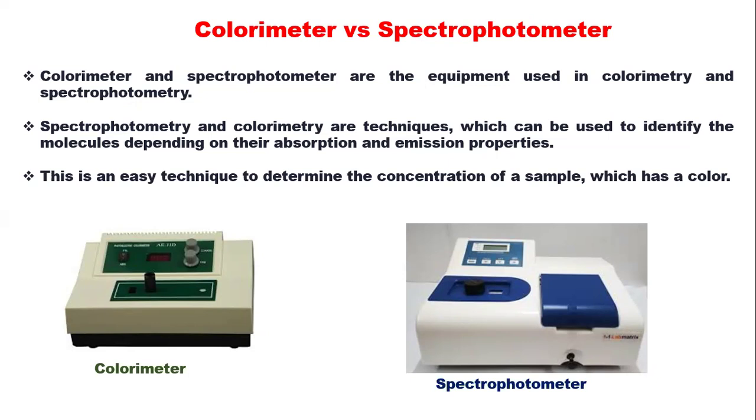So for spectrophotometry and colorimetry, these are techniques which can be used to identify molecules depending on their absorption and emission properties. This is an easy technique to determine the concentration of a sample which has color. You remember some substances can absorb light and have color, while others are colorless.